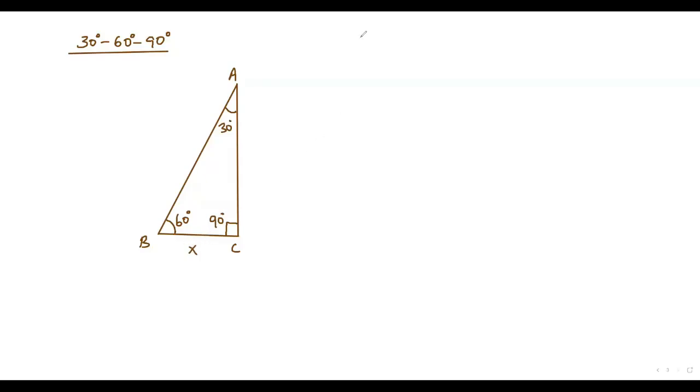To solve for the lengths of the other two sides, I'm going to draw another 30-60-90 triangle adjacent to this triangle by taking AC as a common side. The triangle I'm going to draw must be congruent to this one.